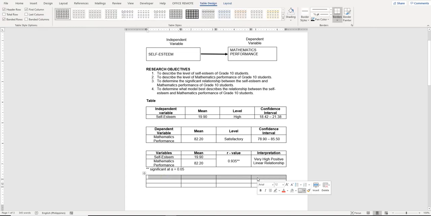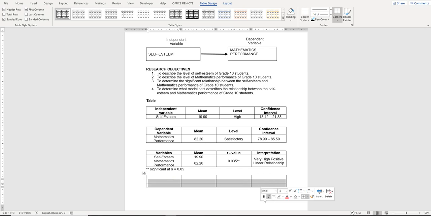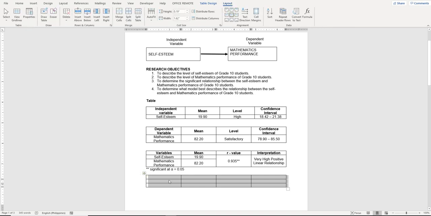This must be at the center, and it is bold. The alignment must be center.